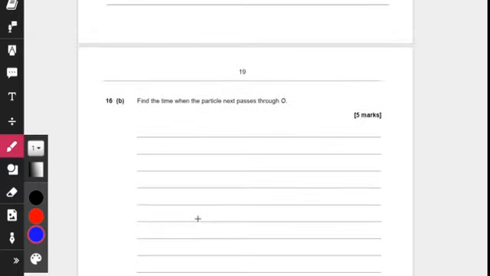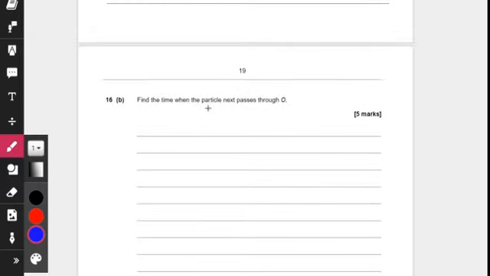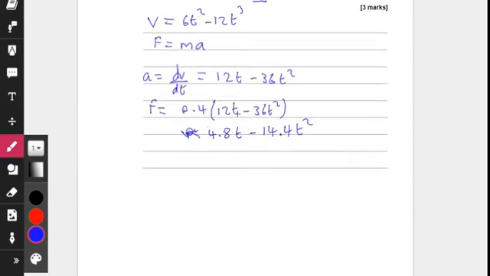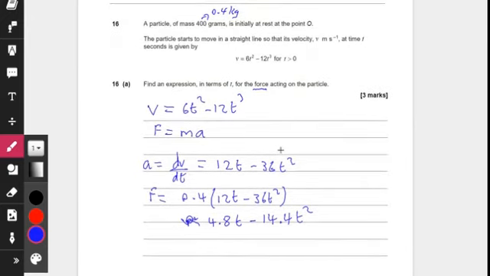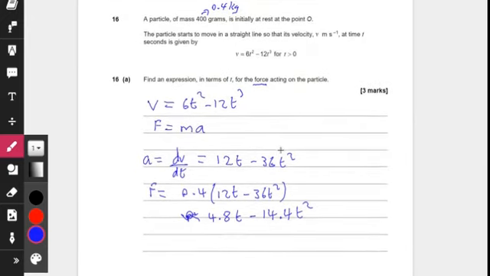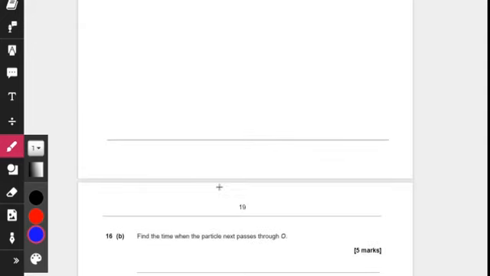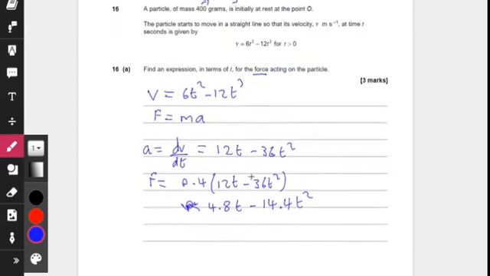Okay, and then find a time when the particle next passes through O. So we just need to take our expression for v and make it equal to 0. So 6t squared, oh, actually, no, that's not true. Find a time when it next passes through O, because what I just said would imply that we're looking for when the velocity is next equal to 0, but that's not what we want.